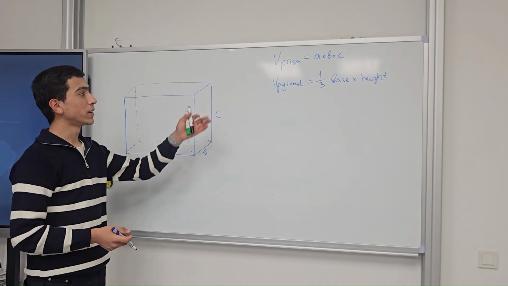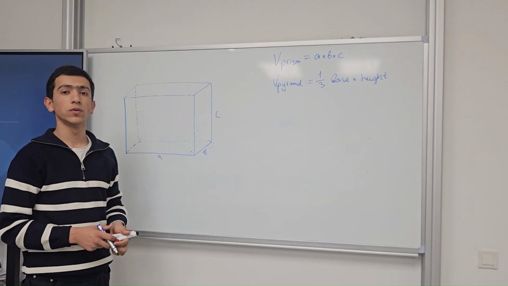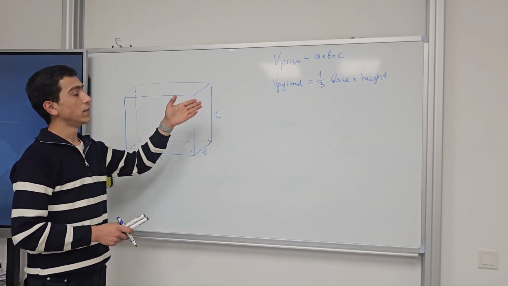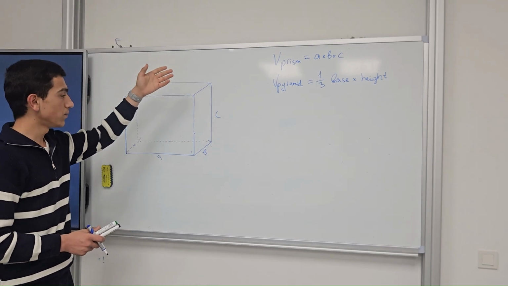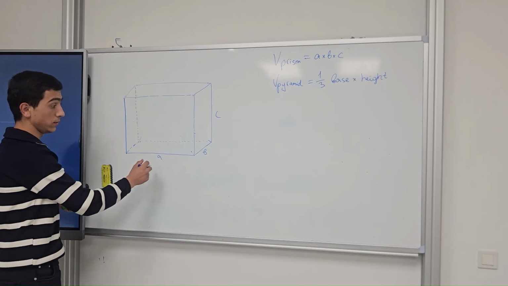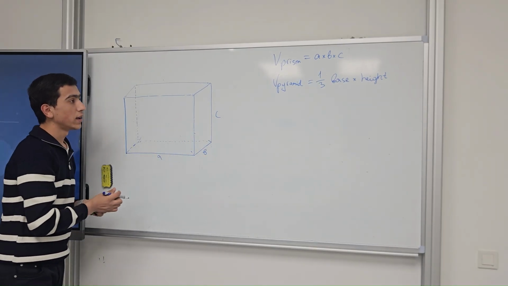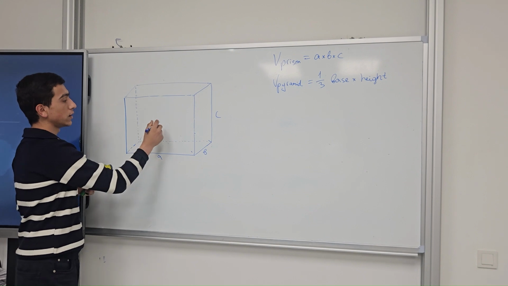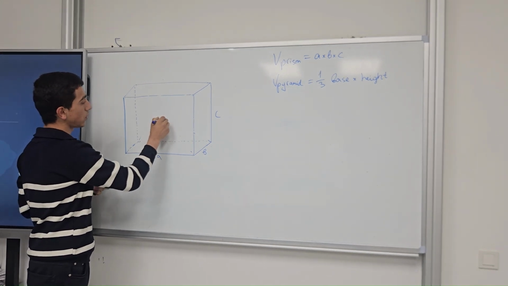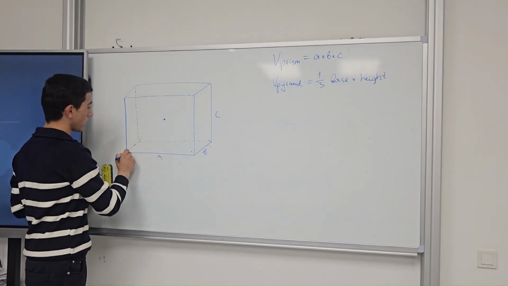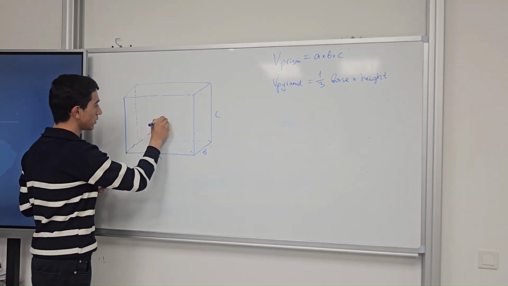We are given a prism and a pyramid, and we need to prove the volume of the pyramid using the prism. The prism sizes are A, B, and C. First we should take the center of the prism, and we can draw it.